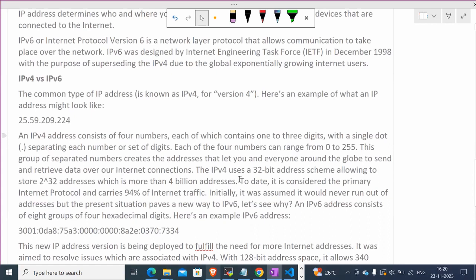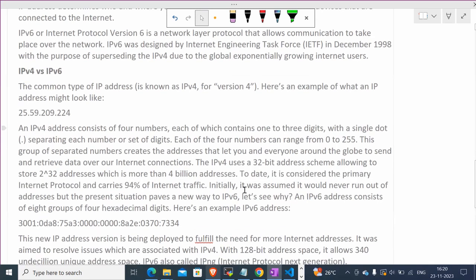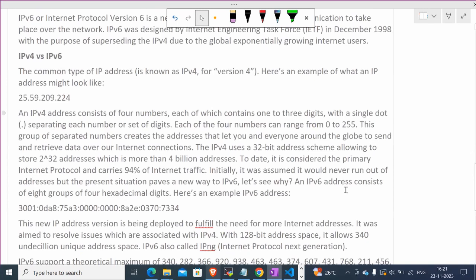To date, it is considered the primary internet protocol and carries 94% of internet traffic. Initially, it was assumed it would never run out of addresses, but the present situation paves a new way to IP, that is IPv6. Let's see why. IPv6 addresses consist of 8 groups of hexadecimal digits.